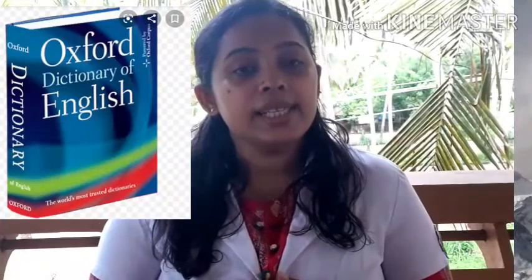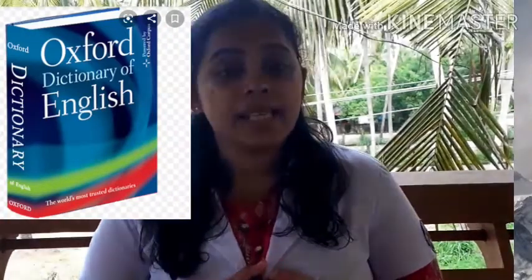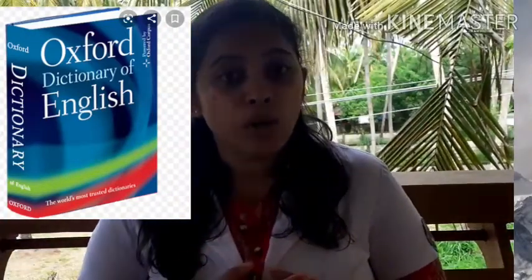So if we want to get the meaning of an unknown word, what will we do? Yes, of course, there is an option. We must look at the dictionary to get the meaning. A dictionary is a thick book and it has thousands and thousands of words with their meanings. Using this dictionary, we will get the meaning of different words.